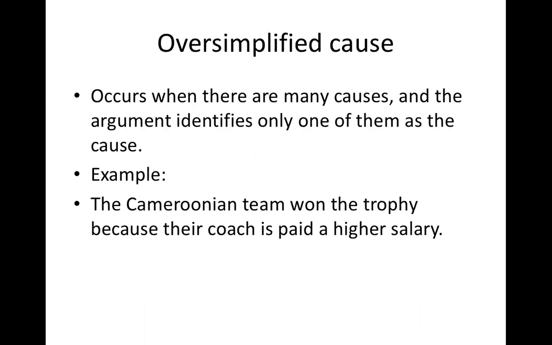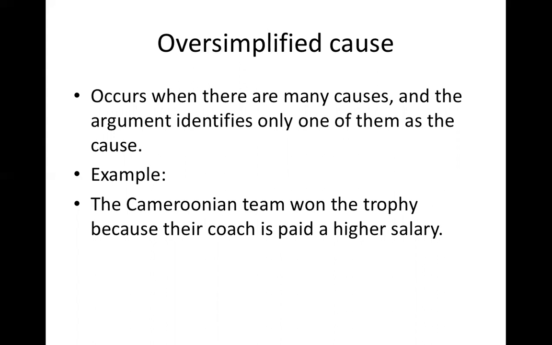Oversimplified cause. This occurs when there are many causes and the argument identifies only one of them as the cause. Example: the Cameroonian team won the trophy because their coach is paid a higher salary. Now, a team can only win a trophy if the players play well.